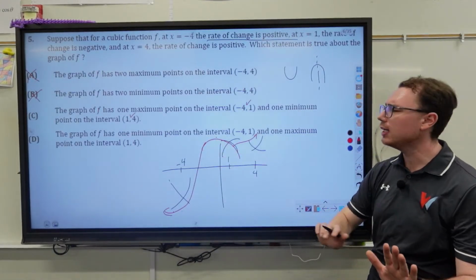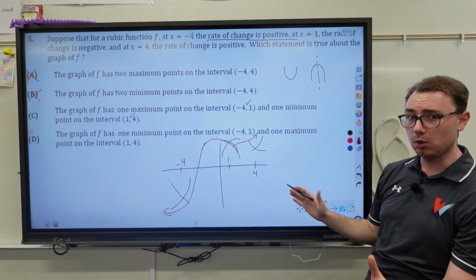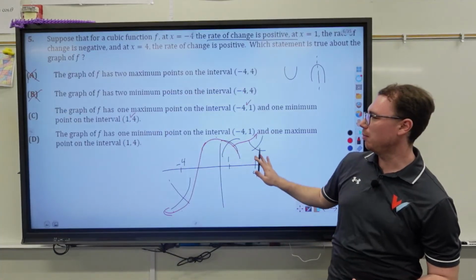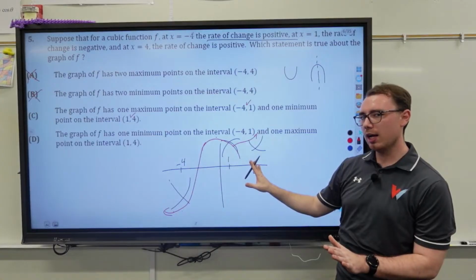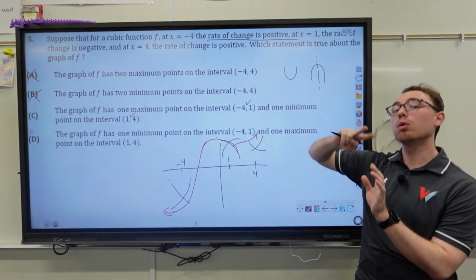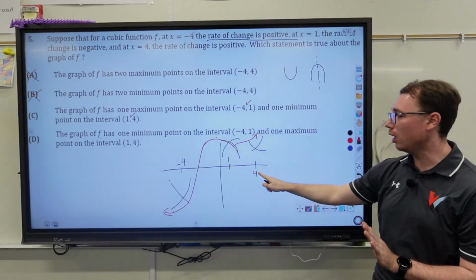We have no idea if this is a global maximum, meaning the largest value across the whole graph, or just a local maximum, meaning a maximum in regards to the y values in the neighborhood of this graph. But we can say that it's a maximum of some kind. The reverse logic is shown between the interval of 1 to 4.